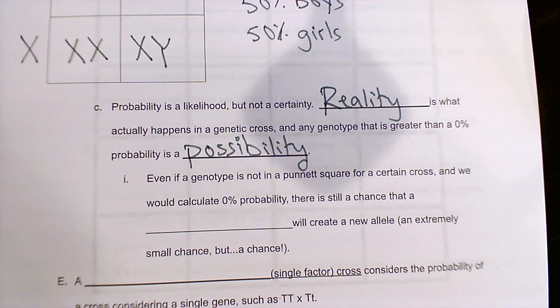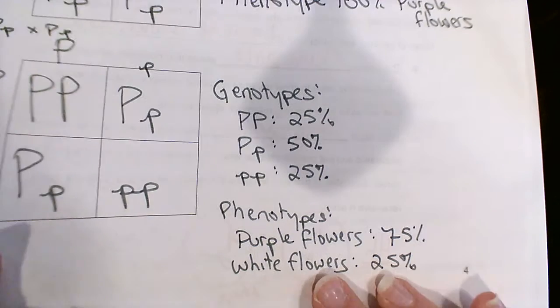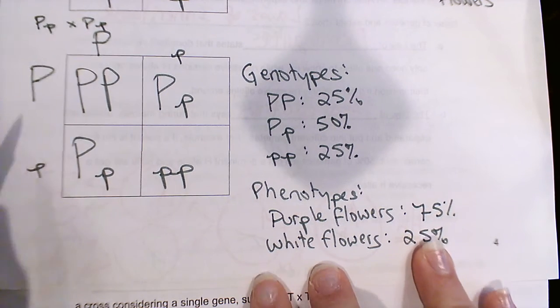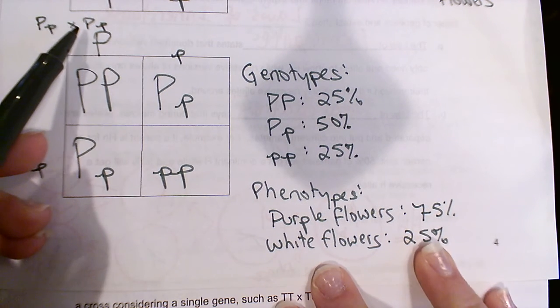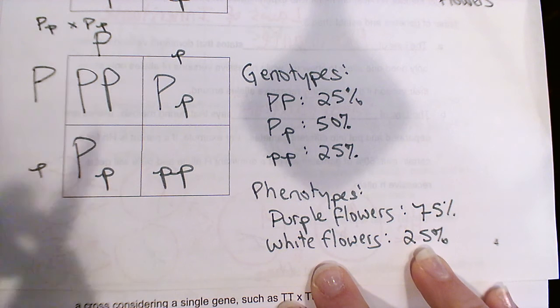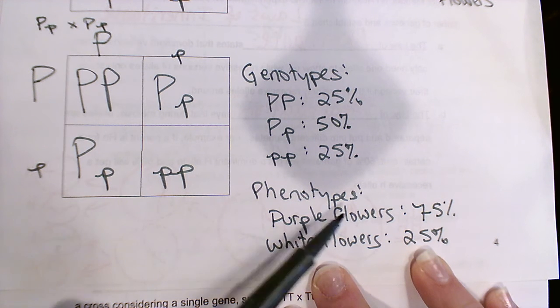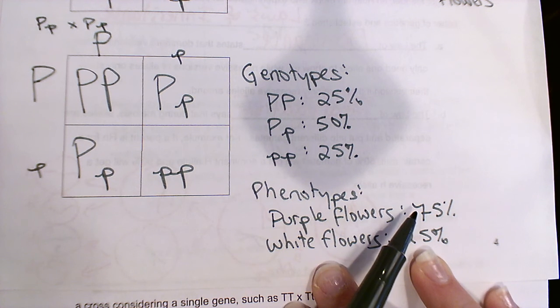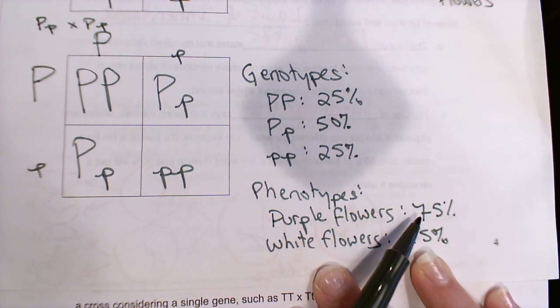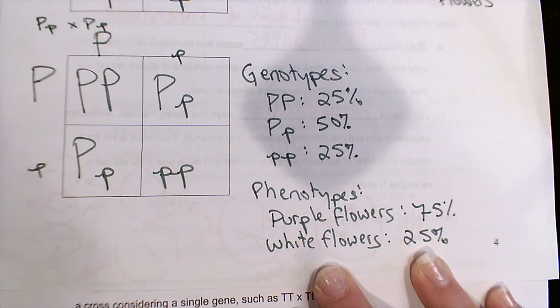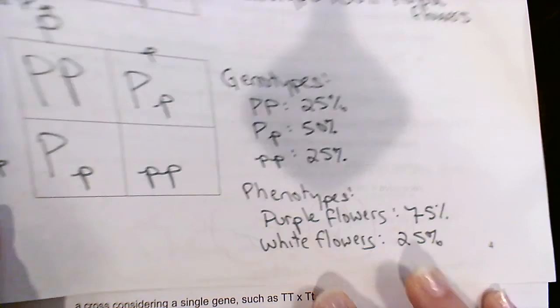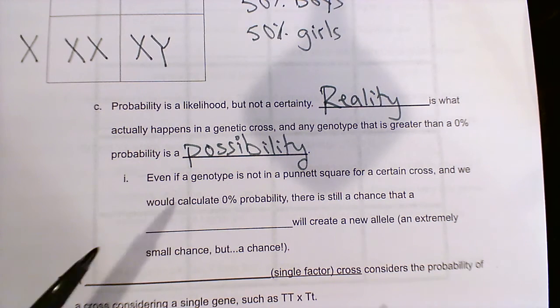Okay, so let's think back to like this one. So maybe I have this cross, and I'm like, oh, well, you know, I'm only going to plant one pea. If I only plant one pea, surely it will be purple, because I have a 75% chance that it'll be purple. So surely it'll be purple. Well, no. Okay, even if you only plant one pea, it could have a possibility of being a white flowering plant.